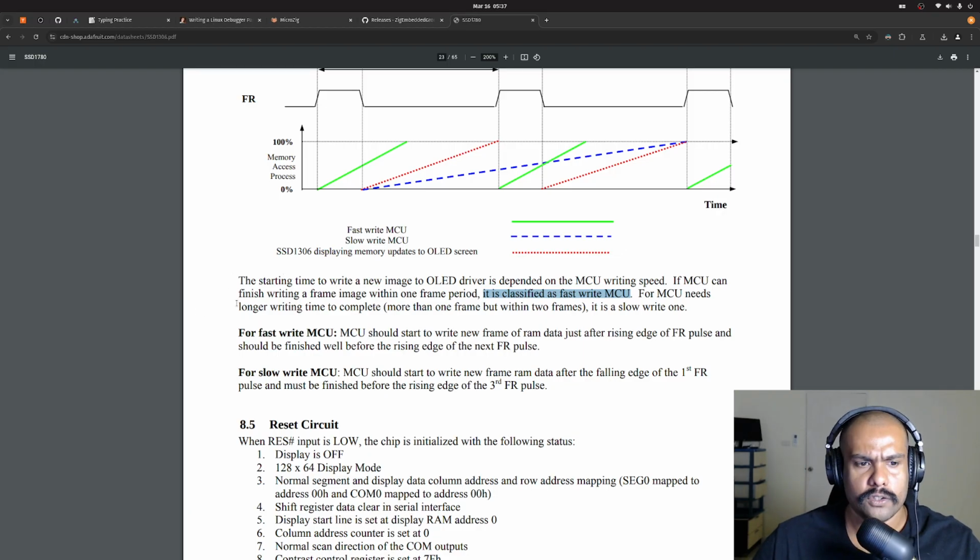For MCU needs longer writing time to complete, more than 1 frame but within 2 frames, is a slow write one.